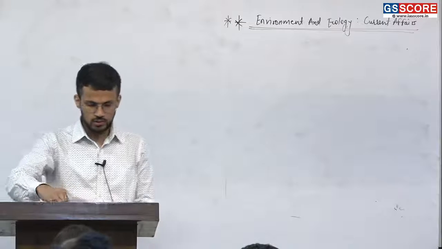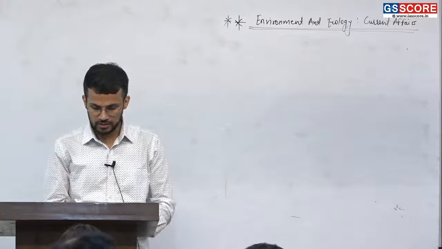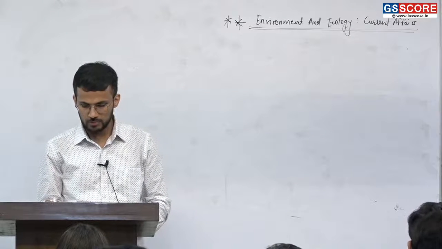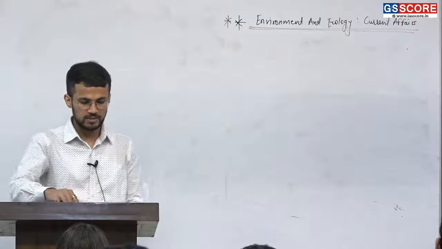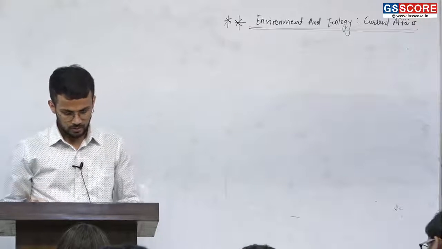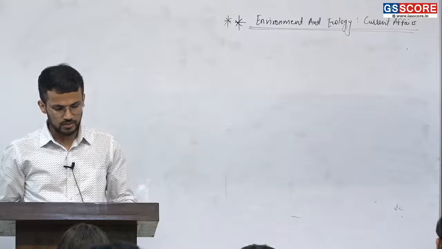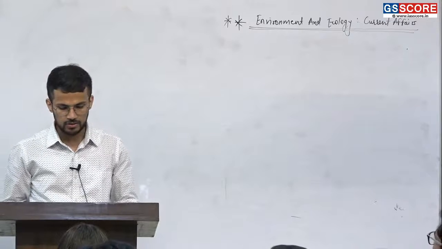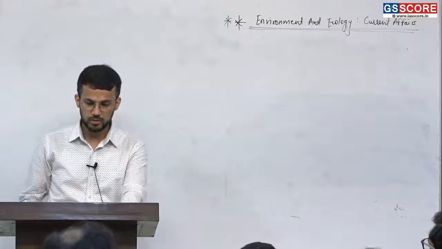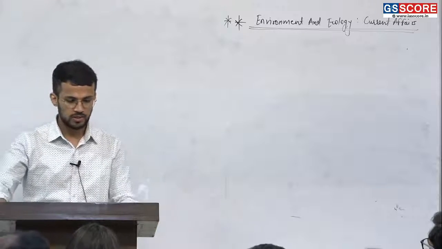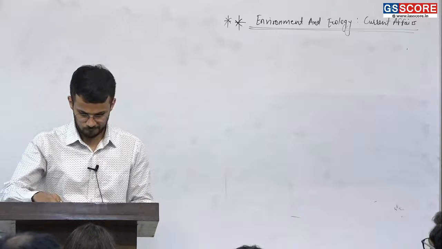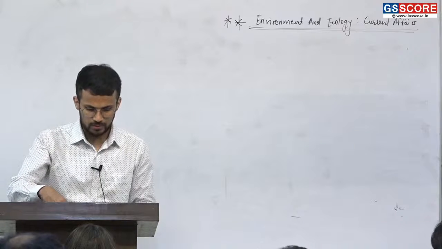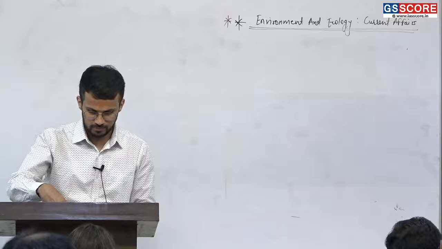Next is, there is no sign of carbon emission decline required for limiting global warming to 1.5 degrees Celsius temperature. Fine. India is expected to witness high increase in carbon emissions in the world in 2022 when compared to previous year. Fine.